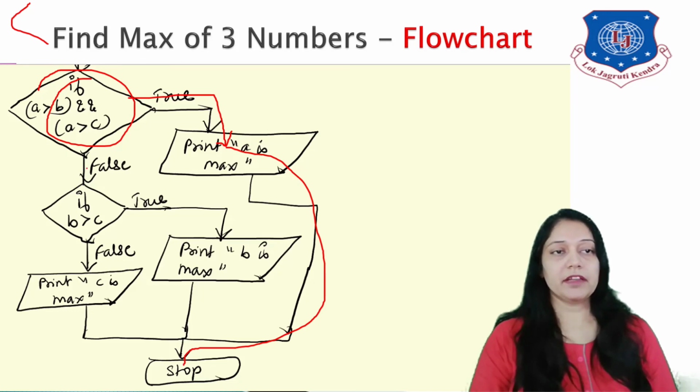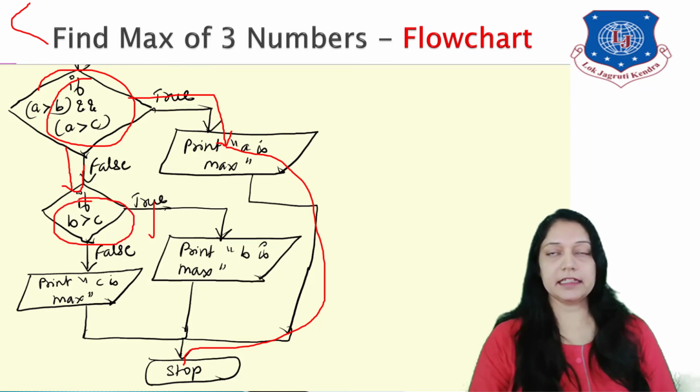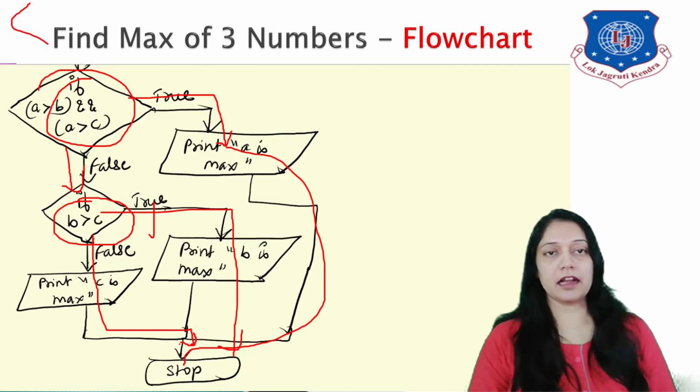But if the condition is false, then we'll check B greater than C. If it is true, then B is maximum and stop. And if it is false, then C is maximum and then stop. So this is the way the flow of the problem is easily depicted and understood by drawing the flowchart.